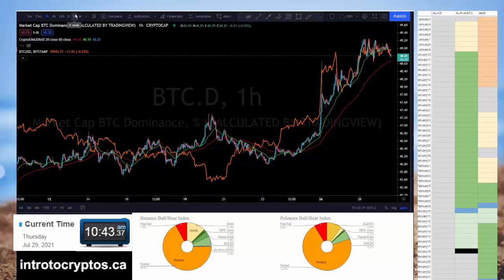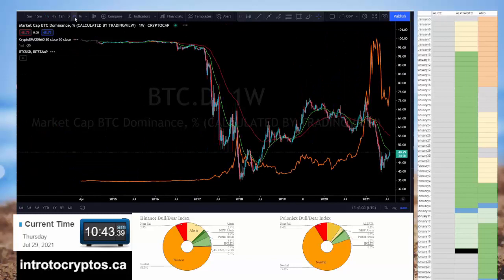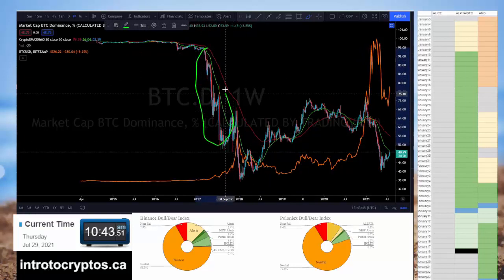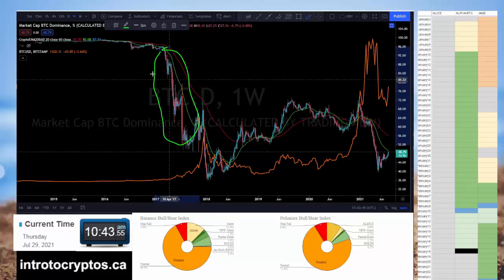I'm going to zoom back out to the weekly chart, and we can see from 2015 all the way until now. What I want to identify here is the important times where Bitcoin dominance was dropping, because this is the time when the altcoins are rising in price faster than Bitcoin is.